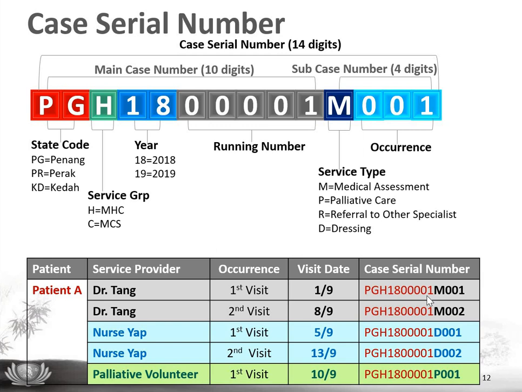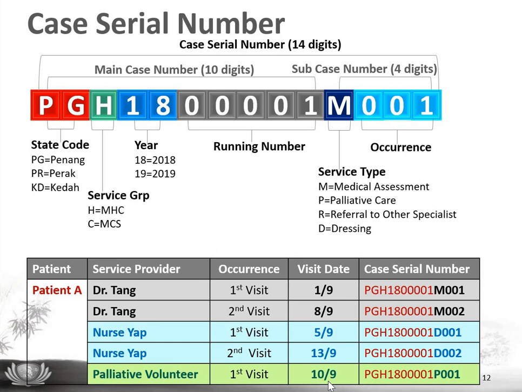This patient has applied for our medical assessment and palliative care service. The new case will always appear with the service type M001 as the sub-case number, which is assigned to Dr. Tang, who has been scheduled to visit on September 1st. A palliative volunteer has also been assigned to perform a home visit, which is scheduled on September 10th.